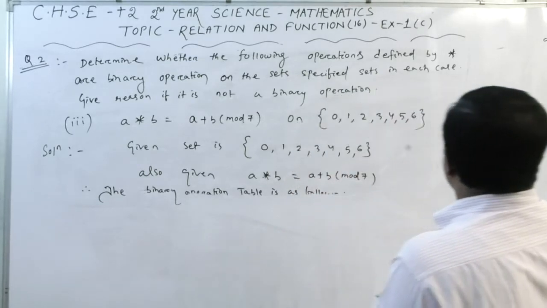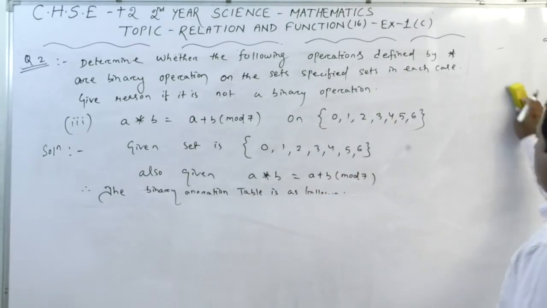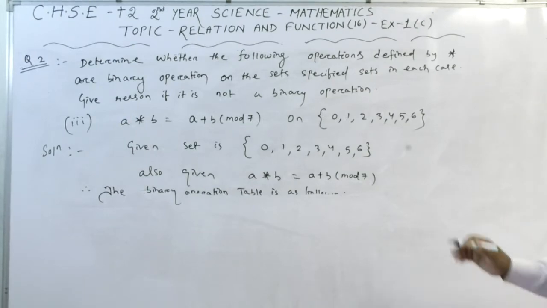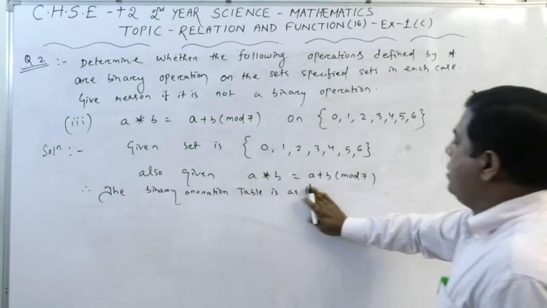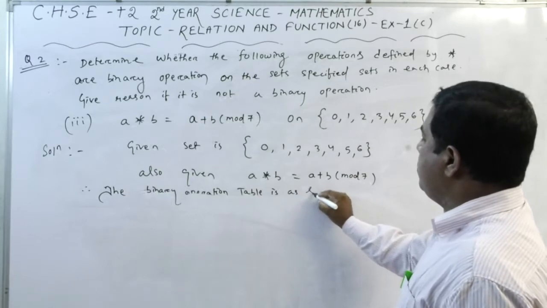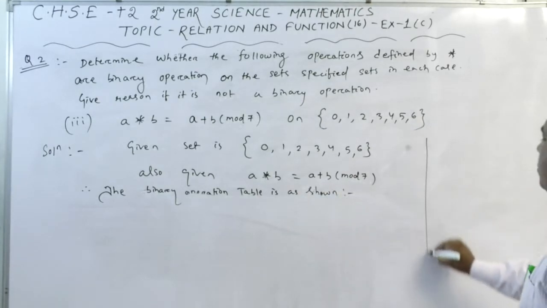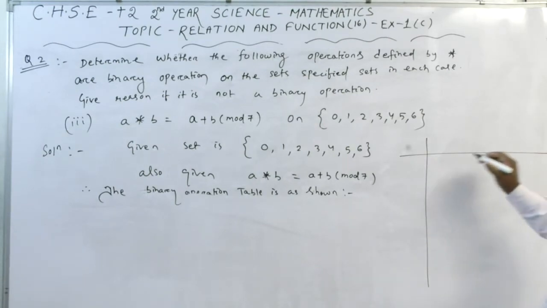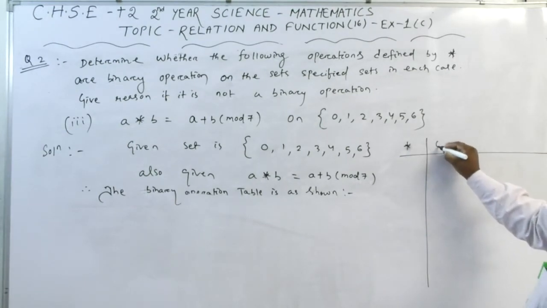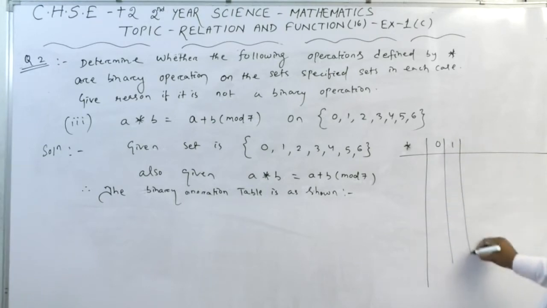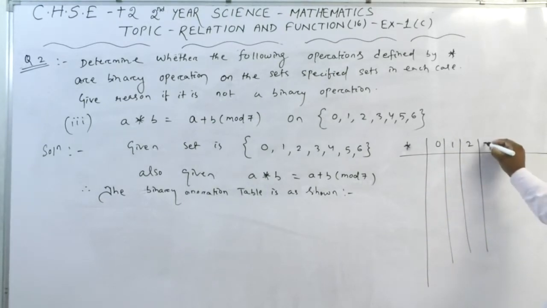You see, what is given? So we will change it as shown. What we do is compute. So this is the operation table star. This is 0, this is 1, this is 2, this is 3.